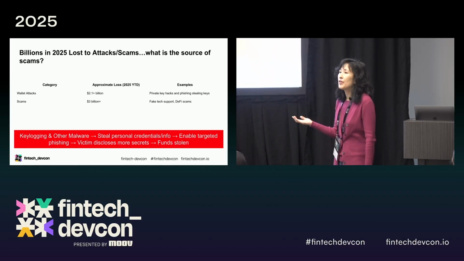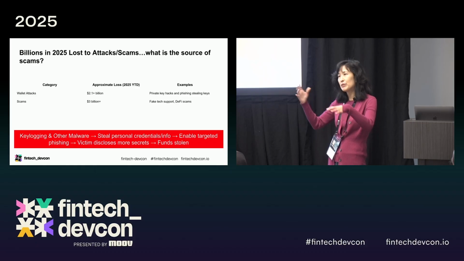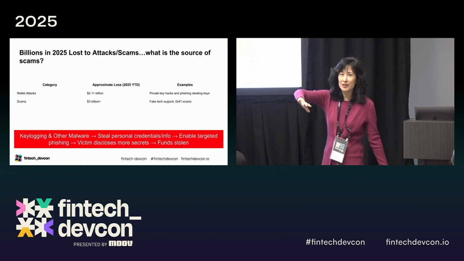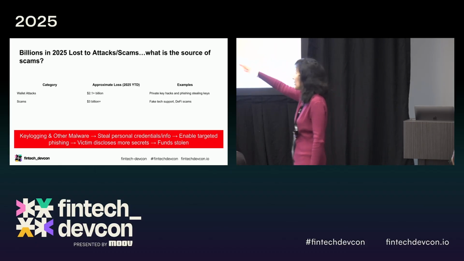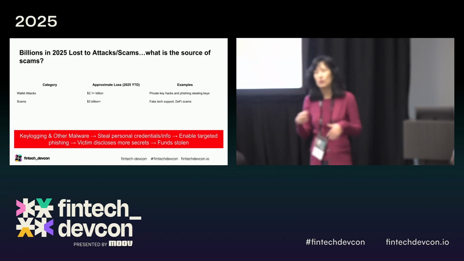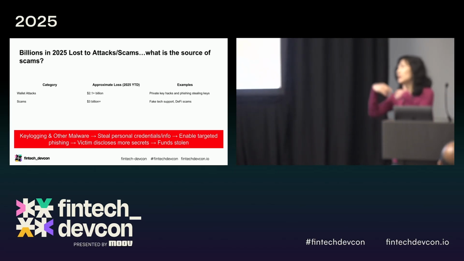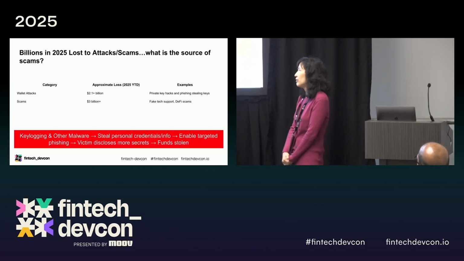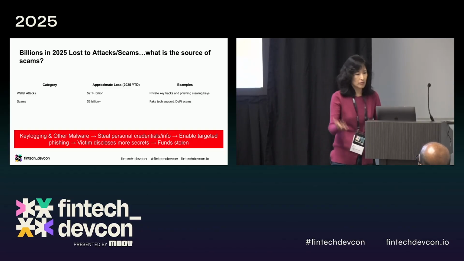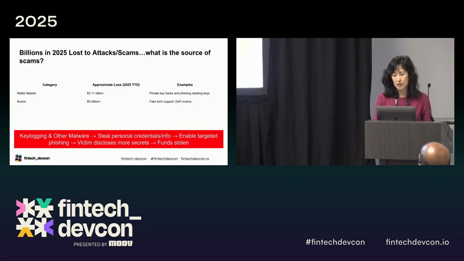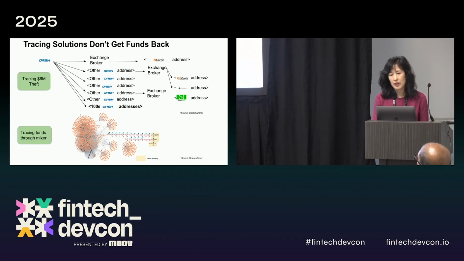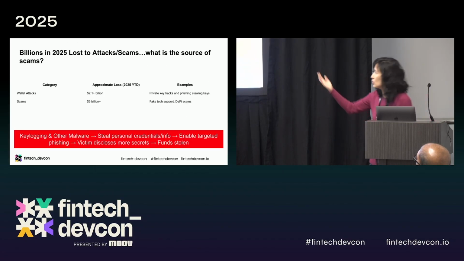But then they are also collecting information using the different tools that we talked about, keylogging, malware, other things, to steal those credentials, to then do even more targeted phishing, leading to more secrets being revealed and funds stolen. So this is just an overview of the attacks and scams.